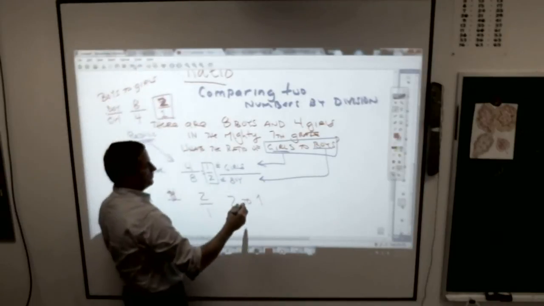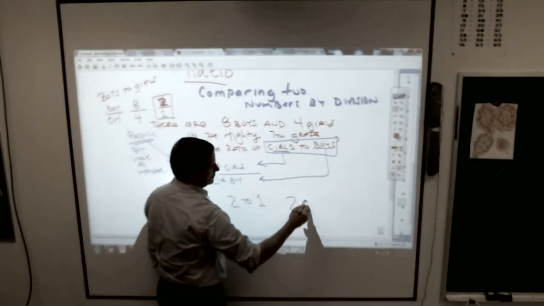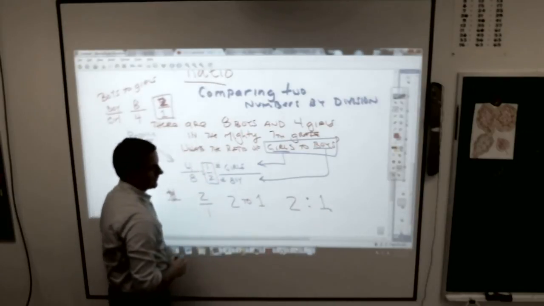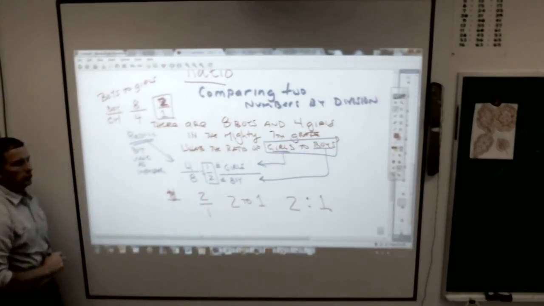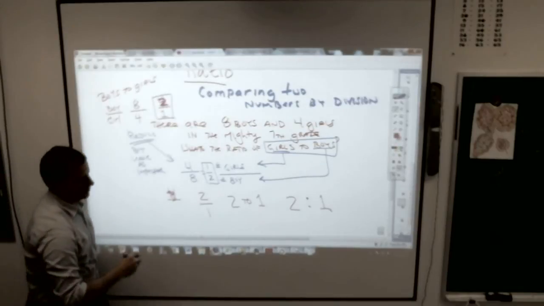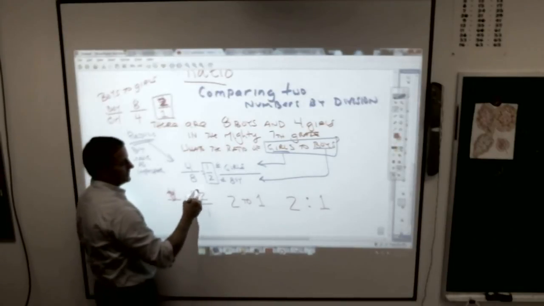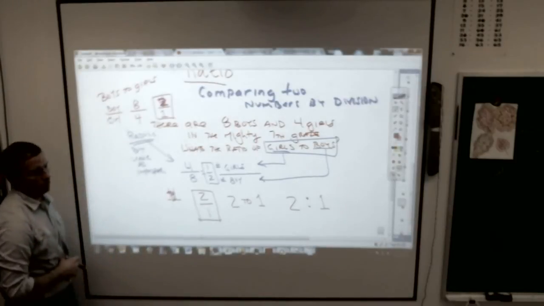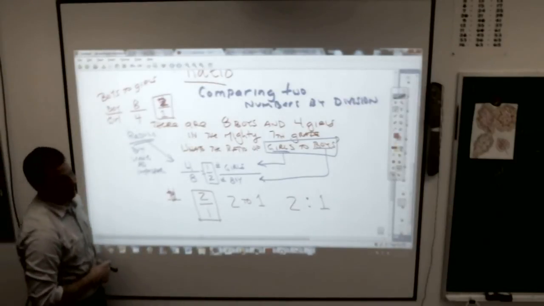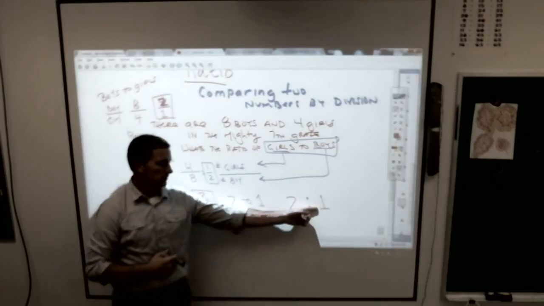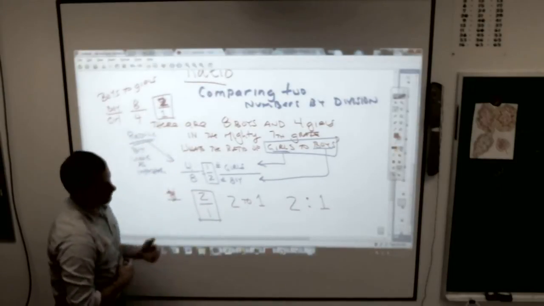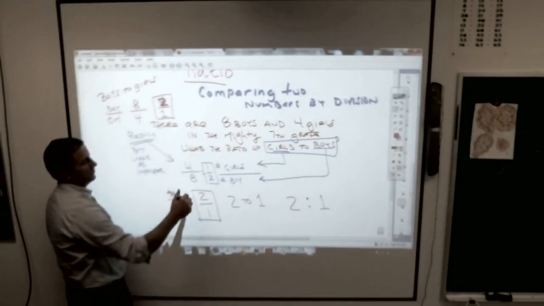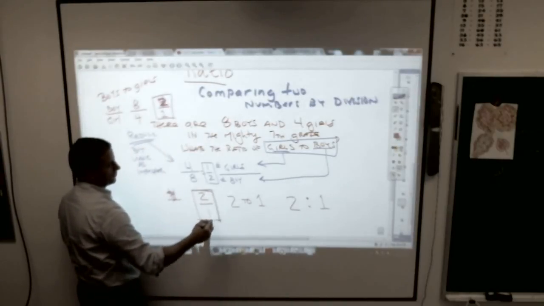Occasionally you will see people write it with a colon, 2 colon 1. These are all different ways you can write ratios, but 99.876% of the time they'll just ask you to write it in fraction form. If you're given odds, a lot of times you'll see it as a comparison like that, but normally we just write it in fractional form.